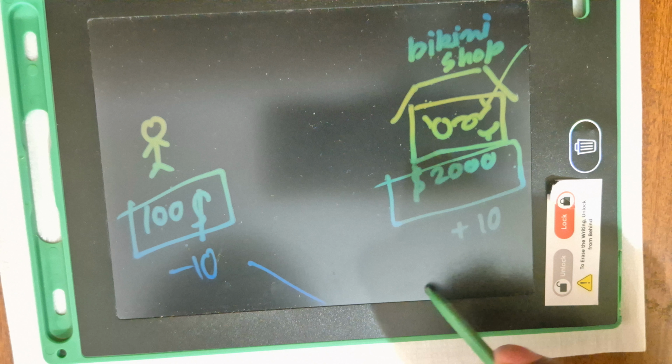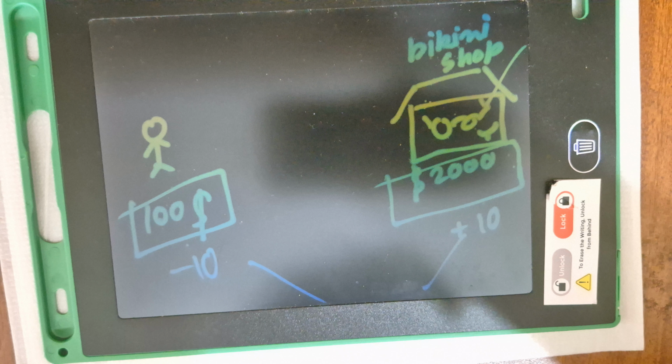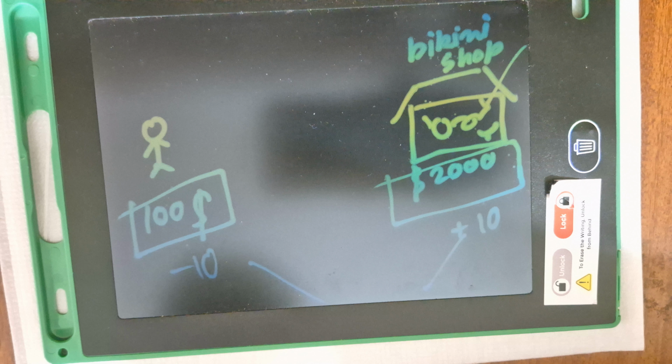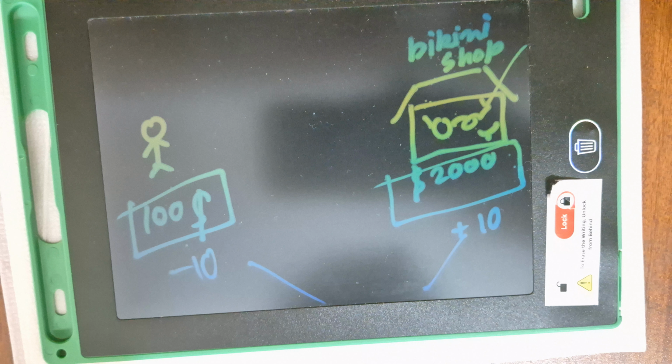So before subtracting $10 from mine, and before adding $10 to the shop's balance, we have to check whether there is any other transaction running behind my transaction. It shouldn't happen that I bought something of $95, I have only $5, and then I am going to buy a bikini. In that case I shouldn't be able to buy a bikini. Or I have to check whether bikinis are present or not.